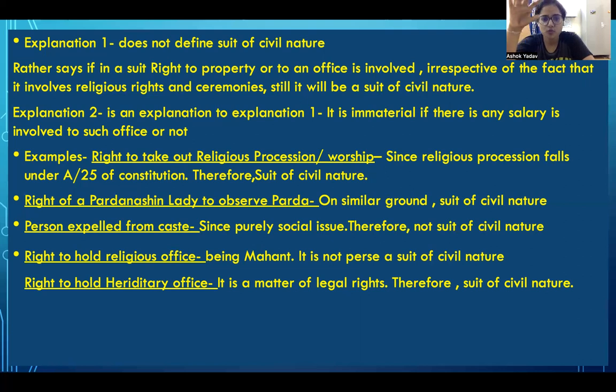So now I hope you are clear with section 9, and by reading it, we can come to the conclusion that section 9 is the gateway to CPC, because it is giving entry to all the issues which have some legal rights attached to them, along with the breach of some civil right. Then it can all fall under a suit of a civil nature and can be filed as a civil suit, right?